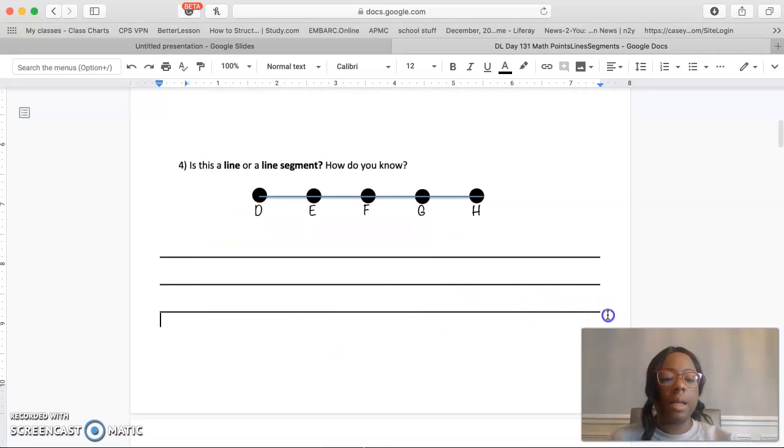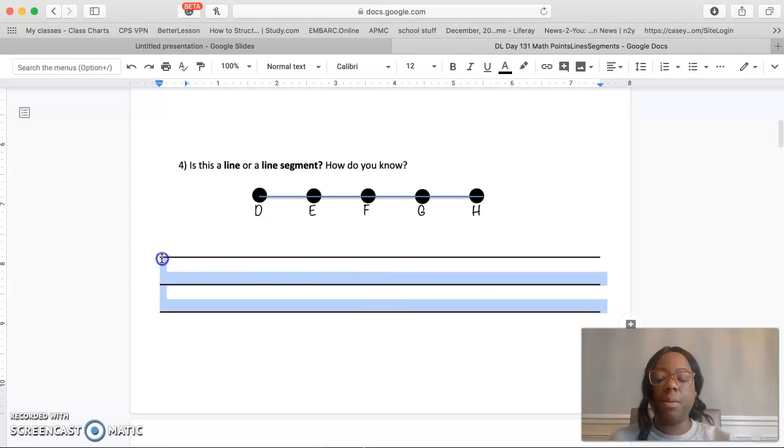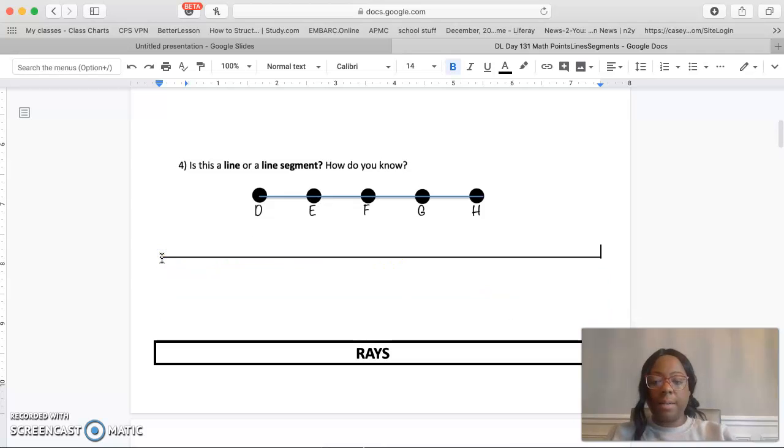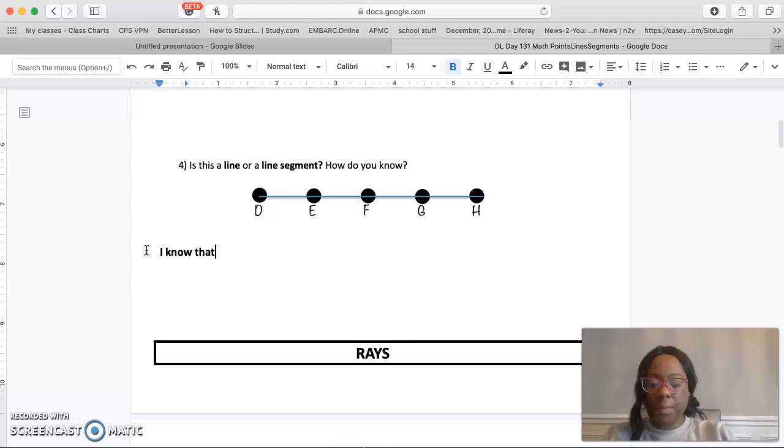So I'm just going to take my time and type out that I know this is a line segment because it has 2 end points. Throughout the entire line, there are 2 end points.